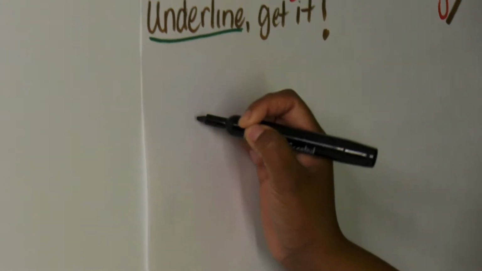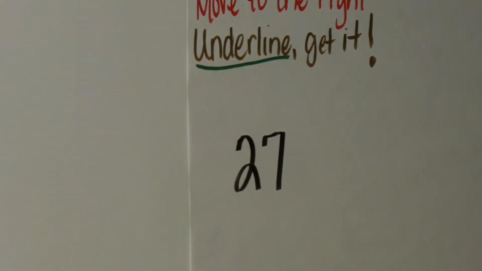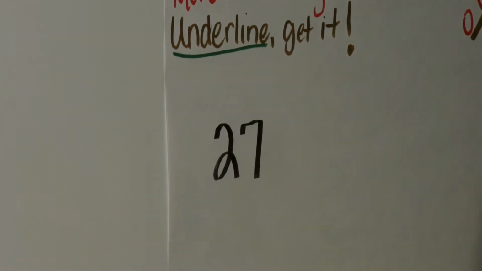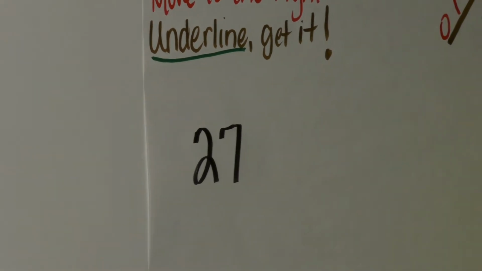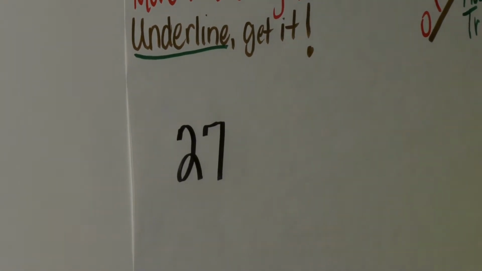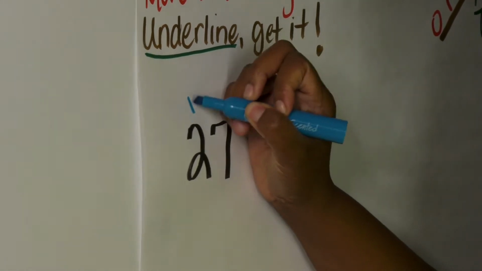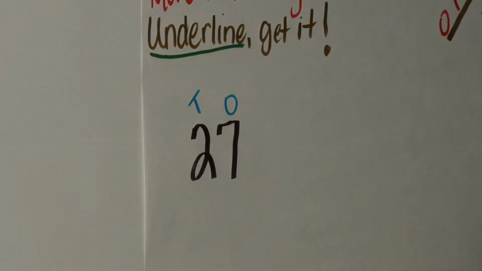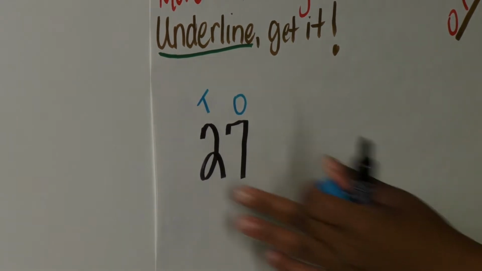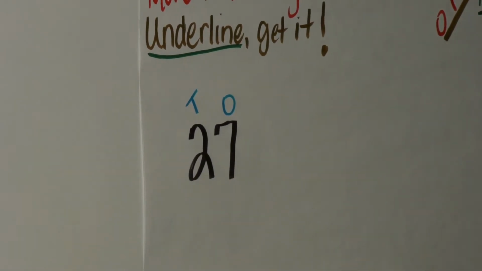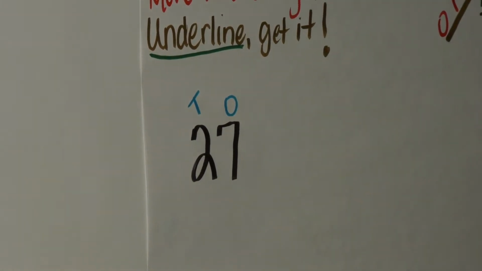So let's start with our 2-digit numbers. If we had the number 27 and the directions told us to round to the nearest tens place. Okay, remember, you need to know your place value. This is tens, this is ones. So the digit in the tens place is 2.